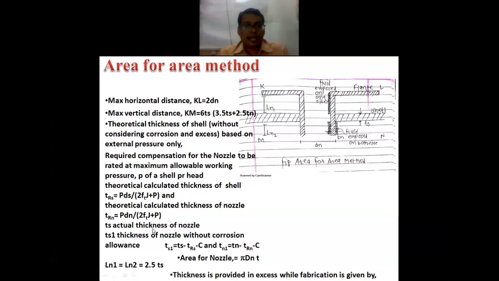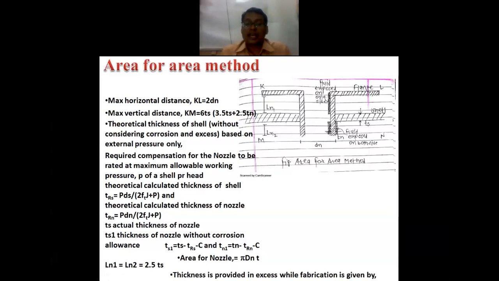Ts is the actual thickness of the nozzle, and Ts1 is the thickness of the nozzle without corrosion allowance, which is nothing but the round off. So Ts1 is equal to Ts, the actual thickness, minus the theoretically calculated thickness minus the corrosion allowance. So you will get the round off or added thickness.